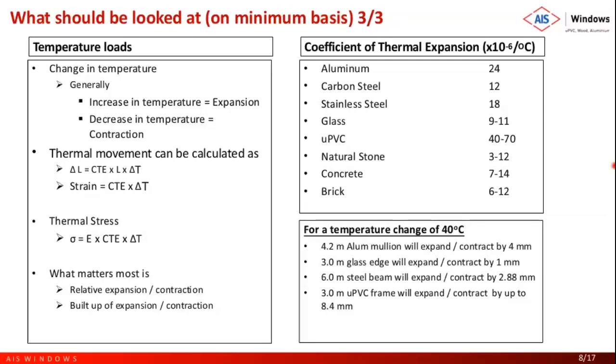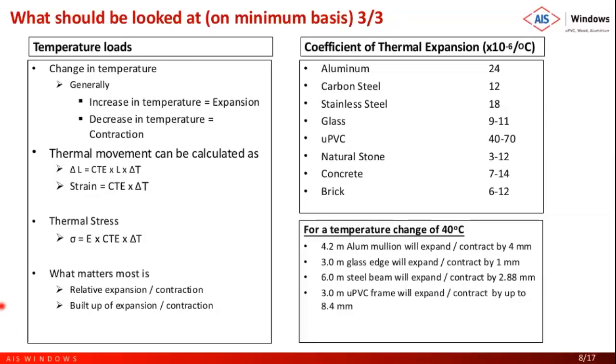Okay. And similarly, if you see here, UPVC has the highest CTE, 40 to 70. That means for the same change in temperature, UPVC will expand or contract by a much higher margin, maybe 4 times that of glass.